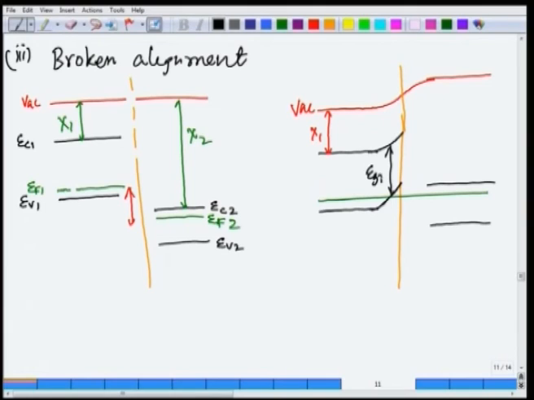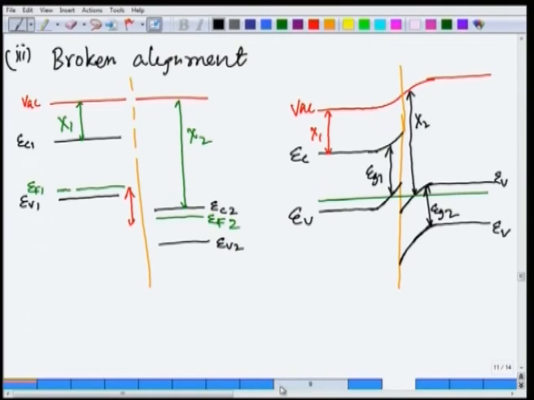Eg1 remains Eg1, and what happens to this material? For this material, this must go something like this and something like this. This should bend something like this, because remember this must remain psi 2, and this everywhere should remain Eg2, and therefore this black is EC and EV, this is EV and EC.